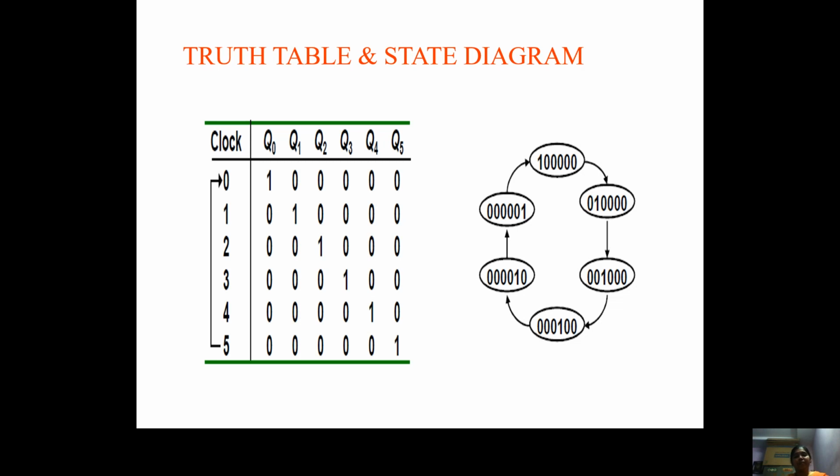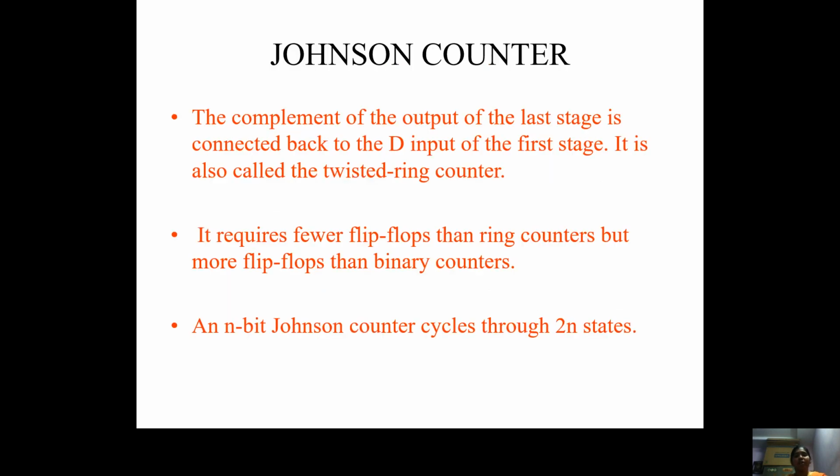This can be minimized. The number of flip-flops and the number of wasted counting sequences can be decreased by using the twisted ring counter or Johnson counter. Here simply the complement of the output of the last stage is connected back to the D input of the first stage, so it is also called the twisted ring counter.